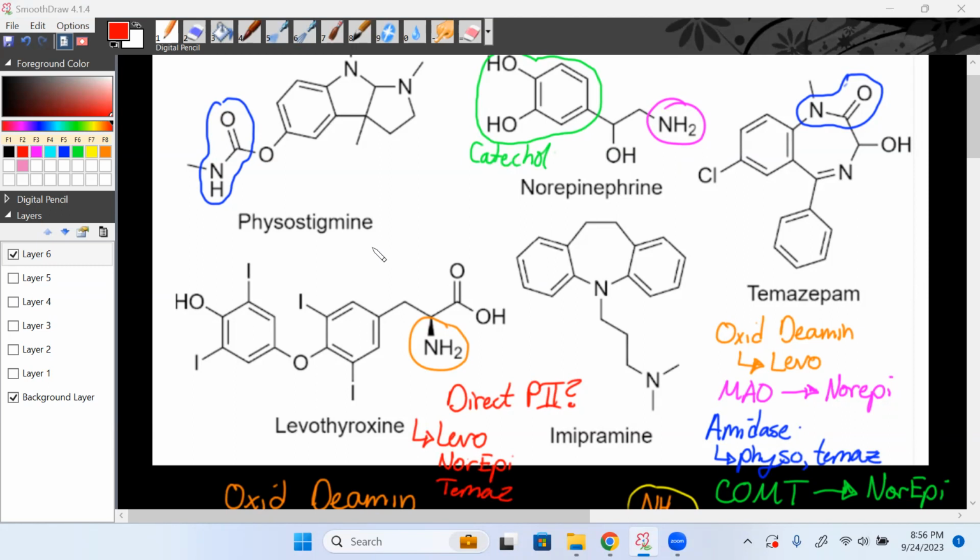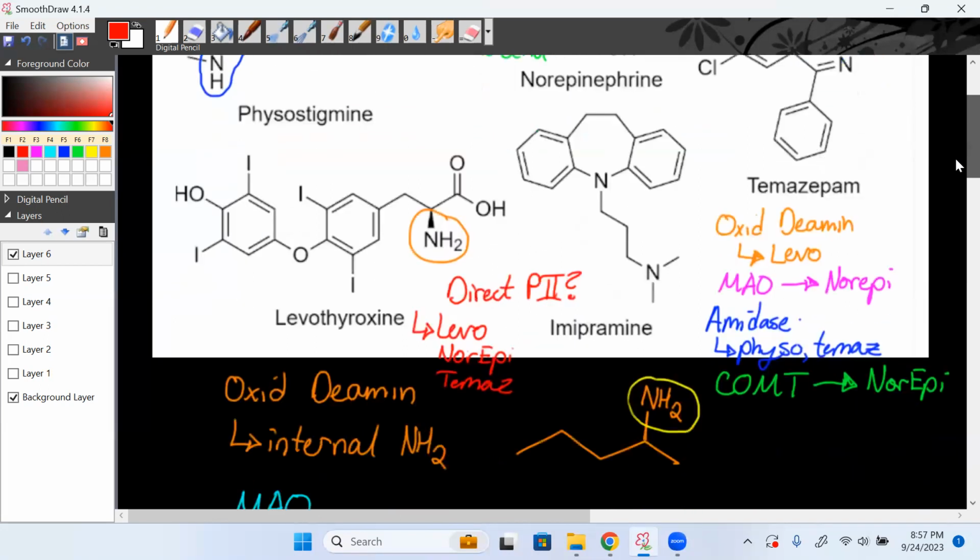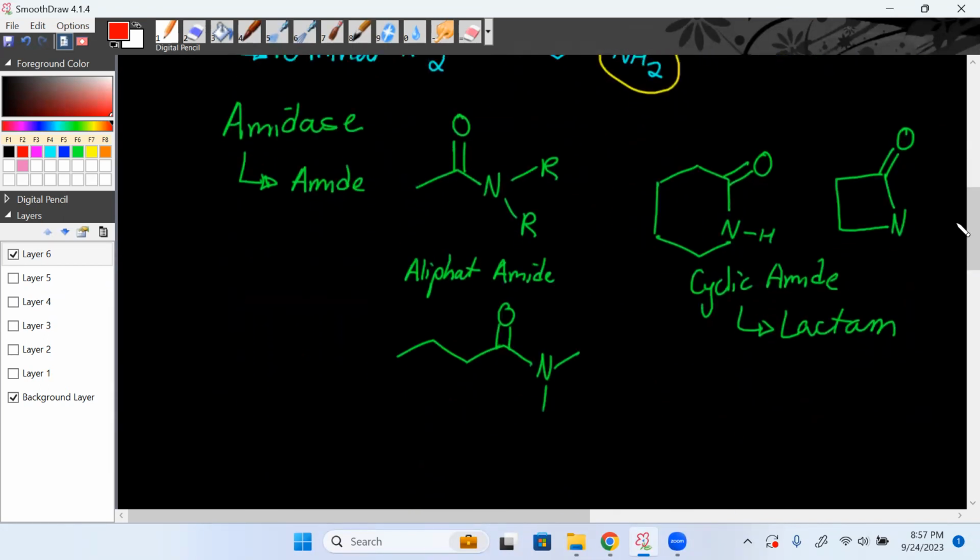Yes. So this is a really great question. Terminal amides can go directly to phase 2, but internal cannot. So the idea is that aliphatic amides, ones that are at the ends of chains, can go directly through phase 2 as long as one of the groups is a hydrogen. Cyclic amides like lactams are not able to go through phase 2 directly.